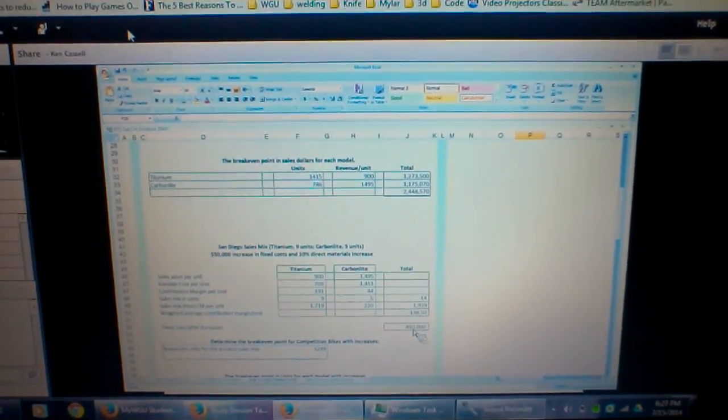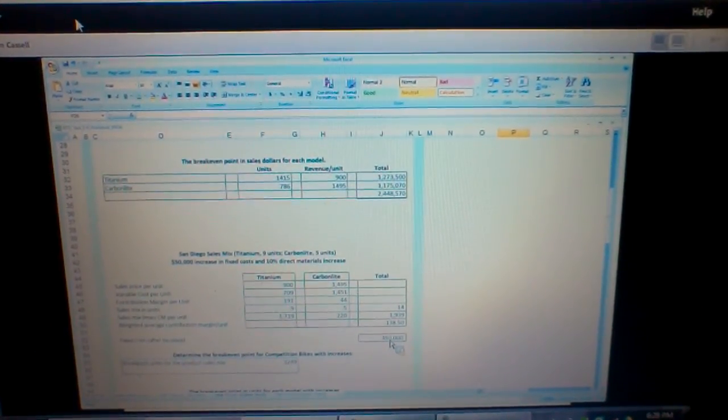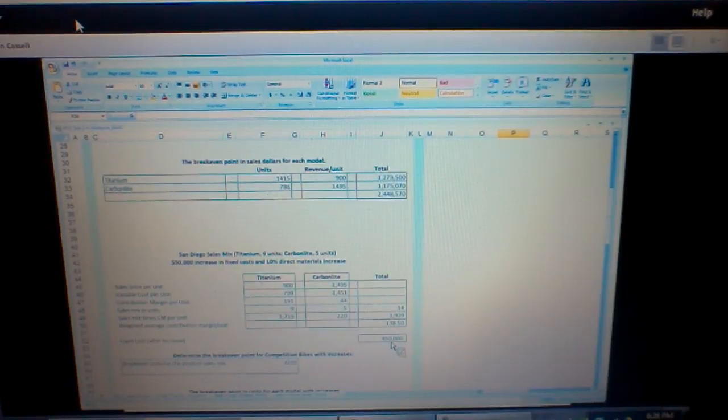And then the second step is you want to talk about the fixed costs. So you've got $400,000 in fixed costs and contribution margin dollars, because the weighted average contribution margin goes down. And the $400,000 in fixed costs has just been raised to 450.